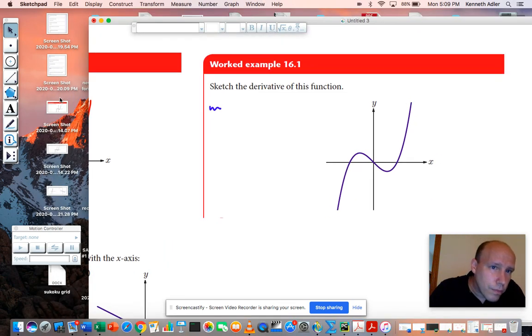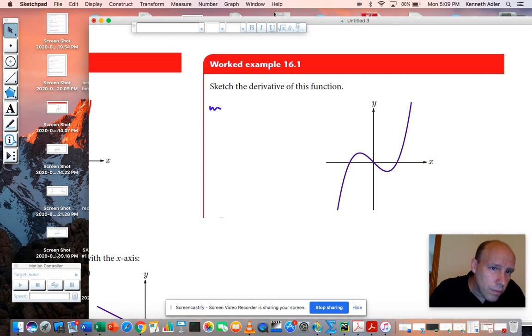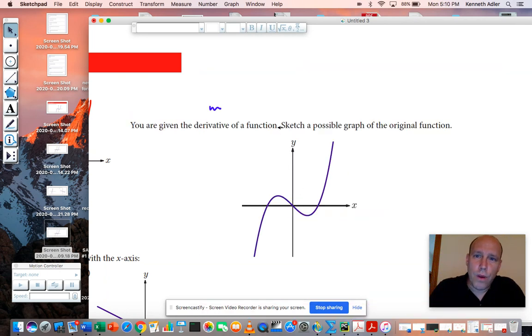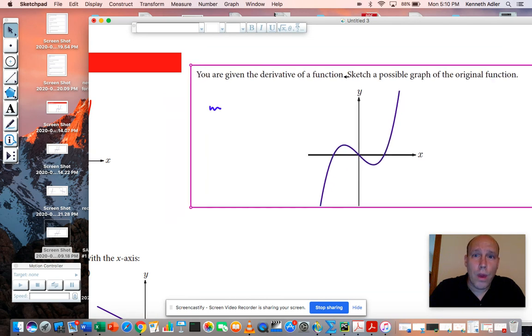Perfect. Okay. Good. You're given the derivative of a function. Sketch the graph of the original function.